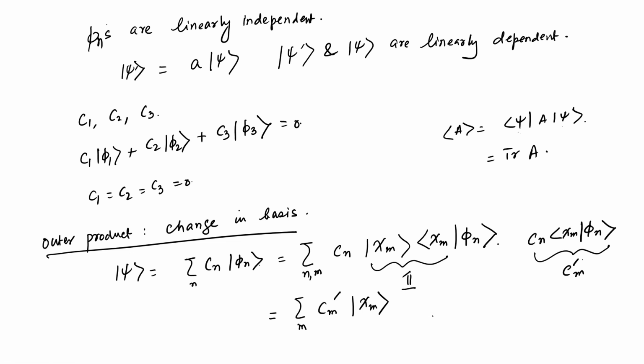So, we have gone from a basis of phi of n to a basis which is chi of m. Okay. And now, we will show that the trace is invariant of the basis that is chosen. So, the trace is invariant of the basis, and let me show that.